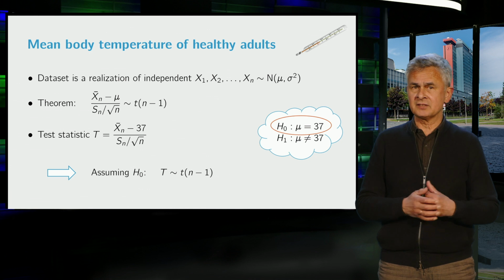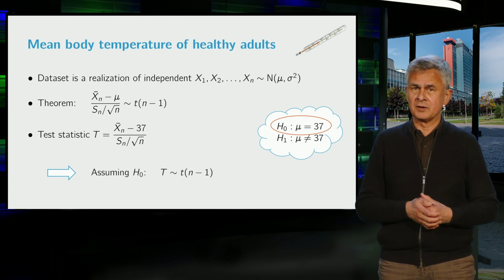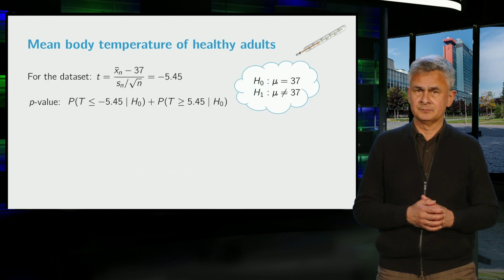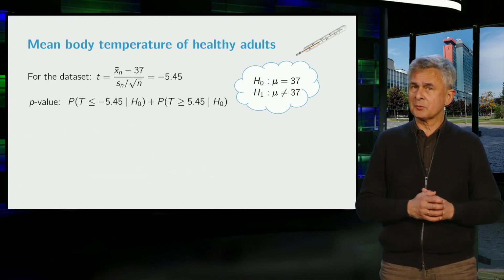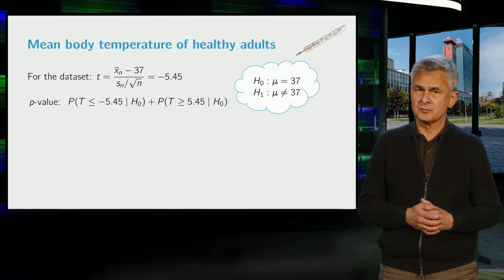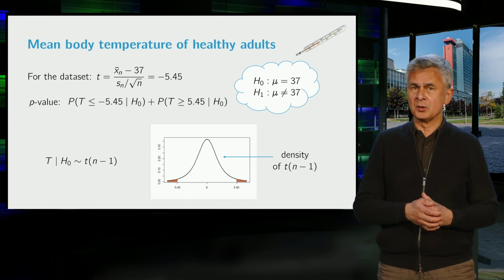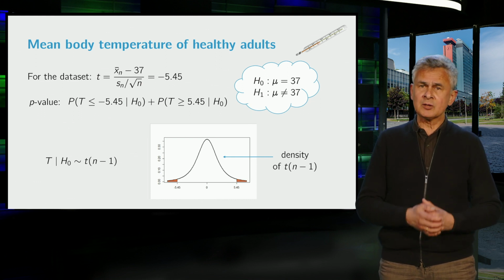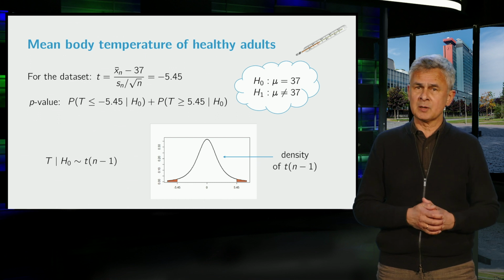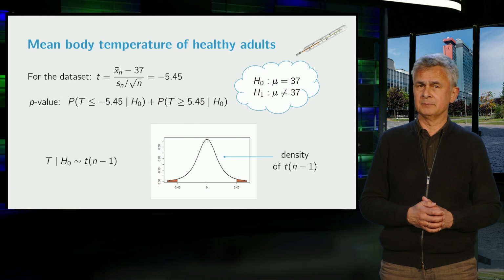This means that in that case, the test statistic has a t-distribution with n-1 degrees of freedom. Now recall that the p-value to compute is the sum of these two probabilities. And since these probabilities are computed under the null hypothesis, they can be computed by the corresponding probabilities for a t-distribution with n-1 degrees of freedom.